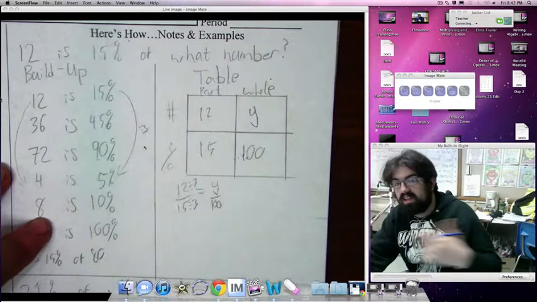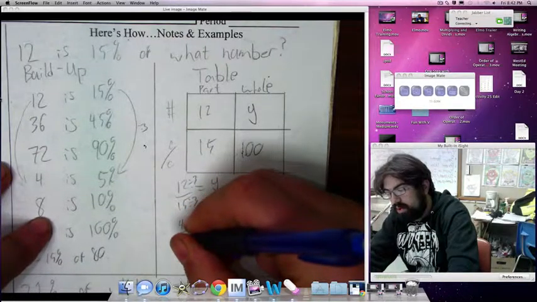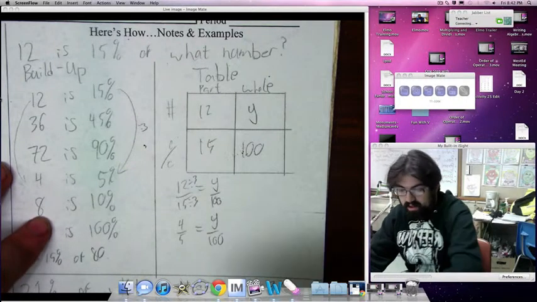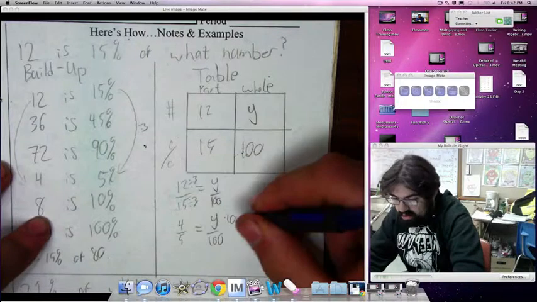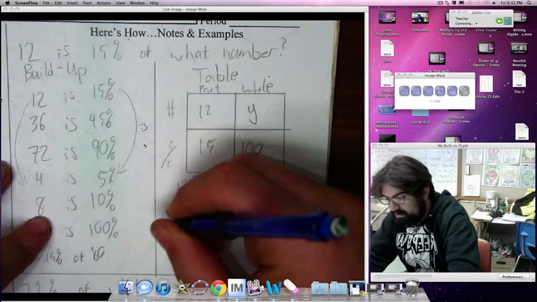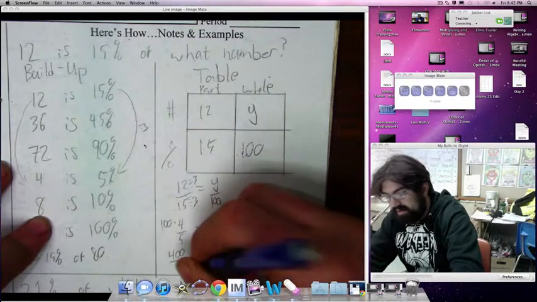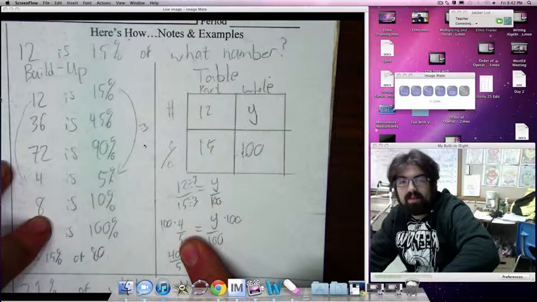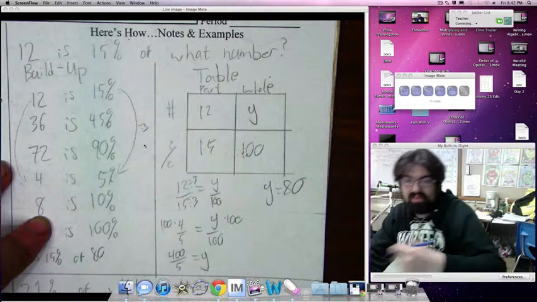Can't I? Sure I can. 4 fifths is equal to y over 100. Times both sides by 100. Let's move that 100 over. So now I've got 400 divided by 5 is equal to y. Well, 40 divided by 5 is 8. Add the 0. y equals 80.